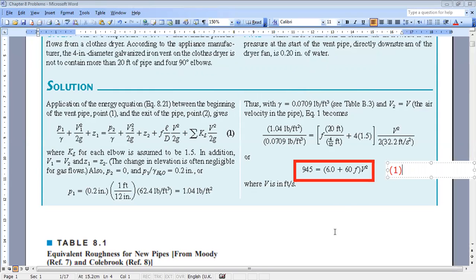Okay, so what I should do, I should write other equations relating F and V. Okay, now this can be done using the Moody chart, because the Moody chart is a chart giving the relation between F and V. And let me show you the Moody chart.